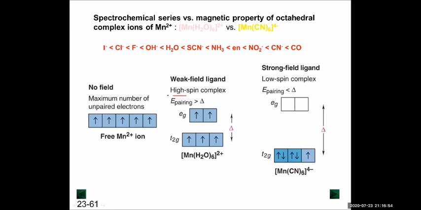So you get a pairing energy higher than delta, which means for the electron to form a pair it needs to overcome more repulsion than for the electron to occupy the higher energy orbital. In this case, because the delta is small, the electrons would occupy different orbitals to reduce the pairing energy, minimizing the energy.